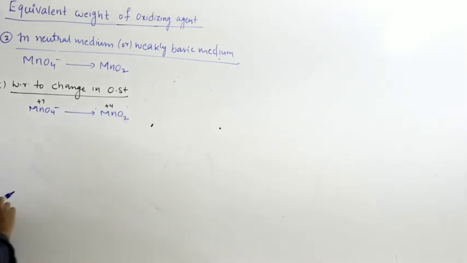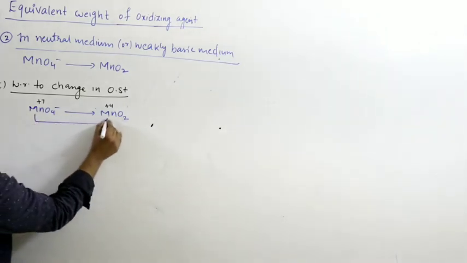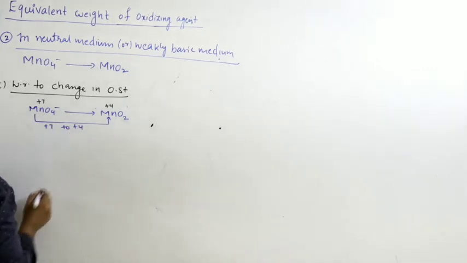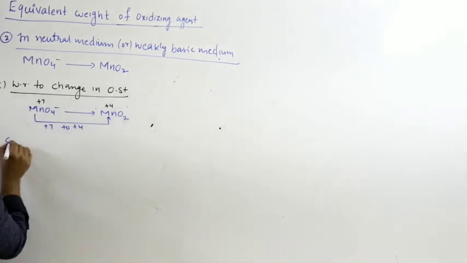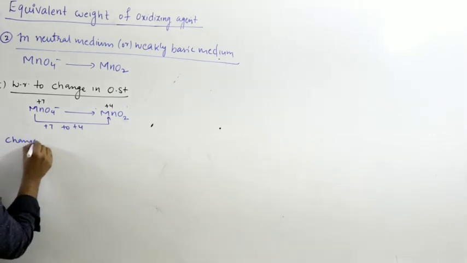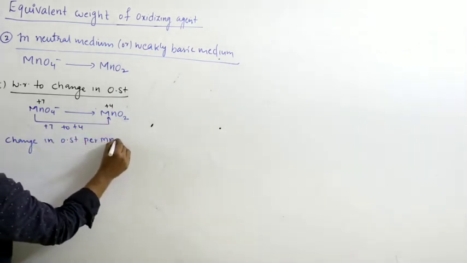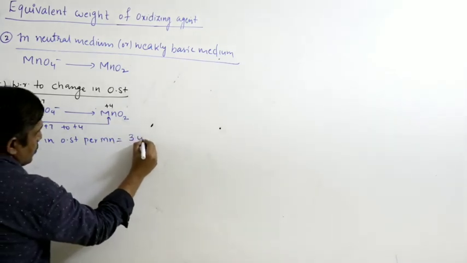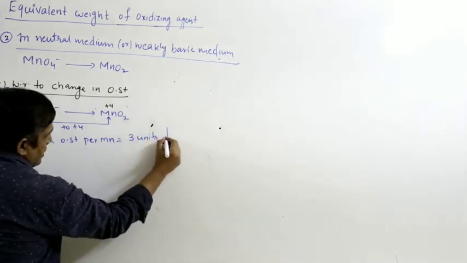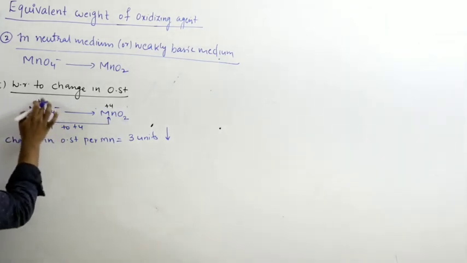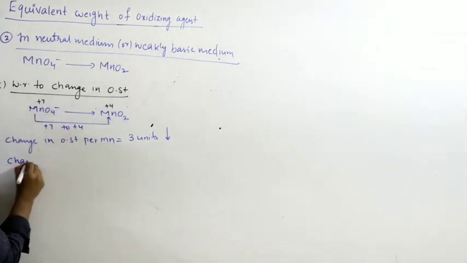What is the change in oxidation state? Plus 7 to plus 4. So change in oxidation state for manganese is 3 units decrease per manganese. 1 mole contains 1 manganese, so it remains the same.